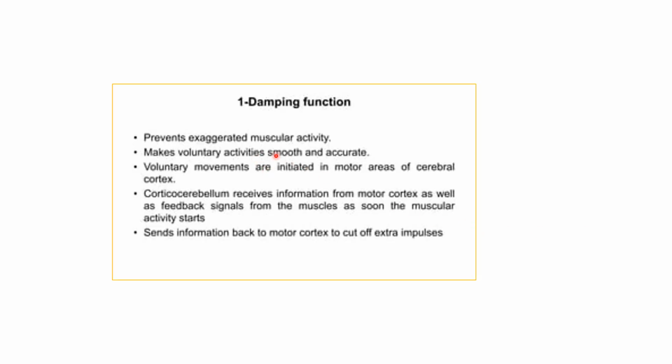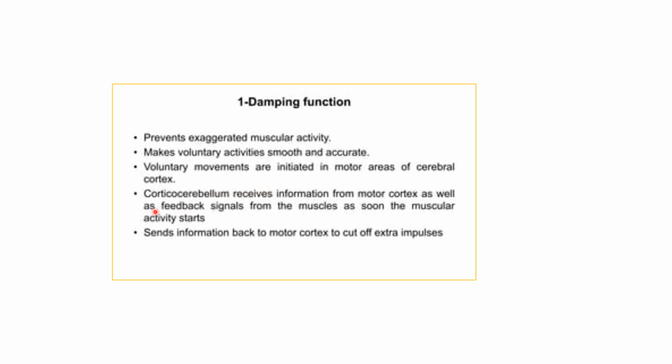Next, coming to damping function. The cerebellum prevents exaggerated muscular activity and makes voluntary activities smooth and accurate. Voluntary movements are initiated in motor areas of the cerebral cortex.